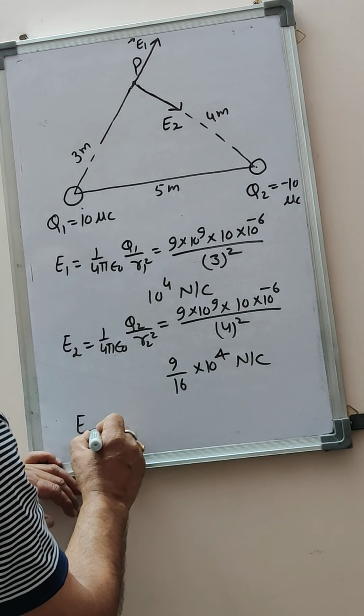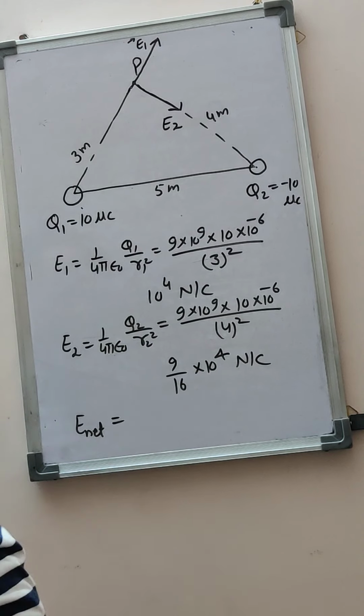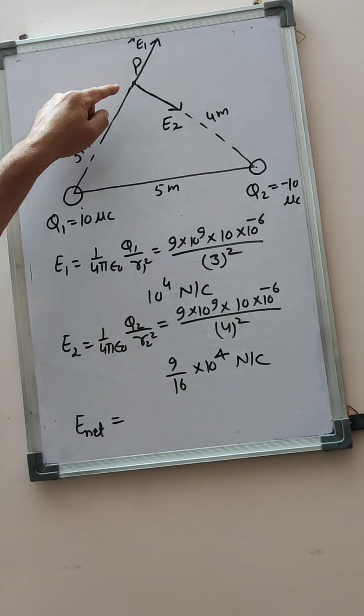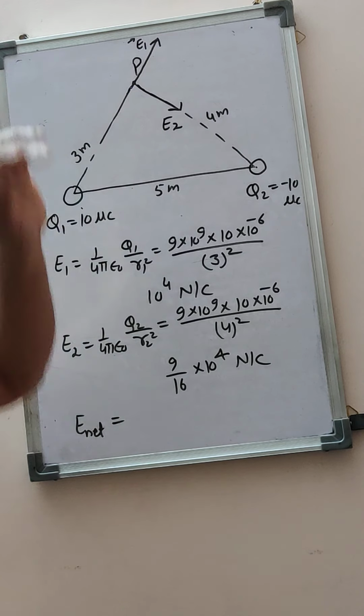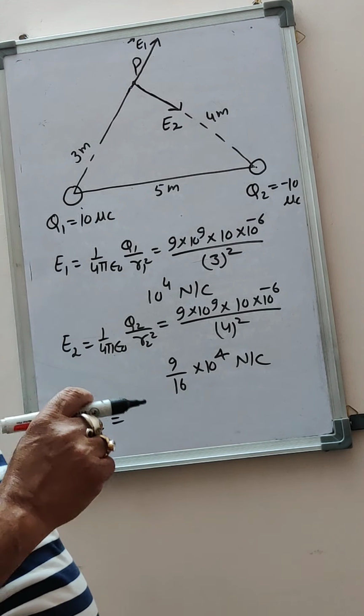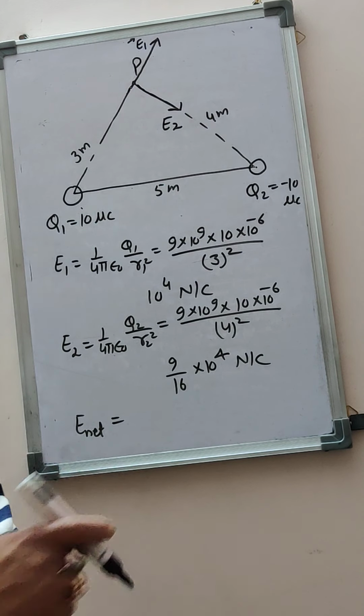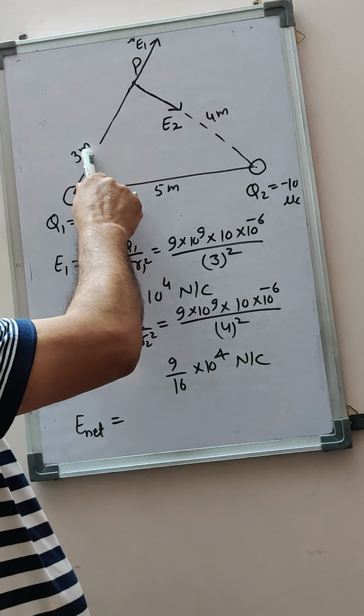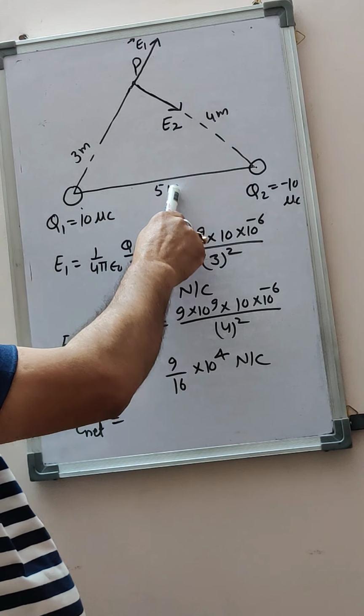Now when you will be finding the net field, they are neither in the same direction nor in opposite directions. They are actually perpendicular to each other. How? This is a triangle of sides 3, 4, 5 meter.